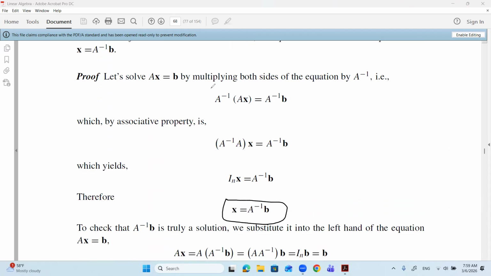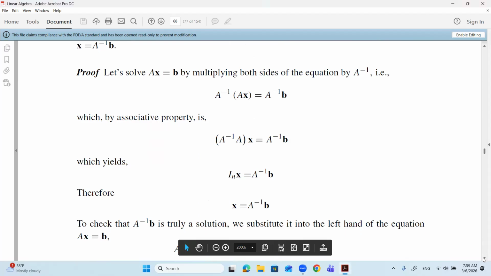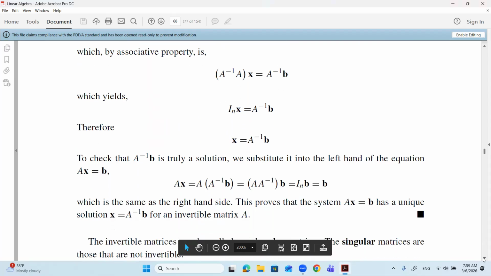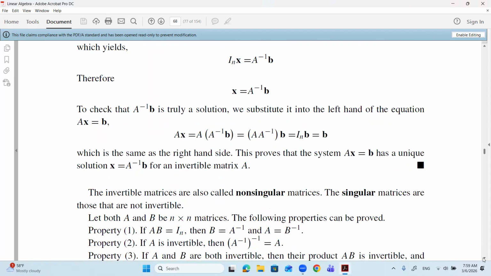So here, from a linear system, we can show that this system is equivalent to this system, although they look different. This other system just reveals the solution of the system. So if I have a matrix A for which I can easily find the inverse, then I can find the solution of the system very easily.